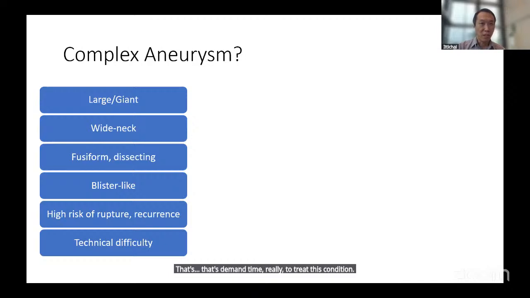The definition of a complex cerebral aneurysm is not based only on the morphology of the aneurysm, but also depends on the site and the neck characteristics, the risk of bleeding, the high recurrence rate, and the technical difficulty of treatment.